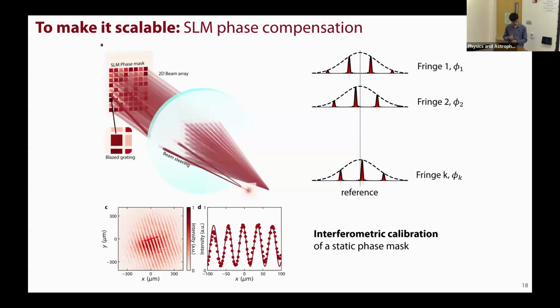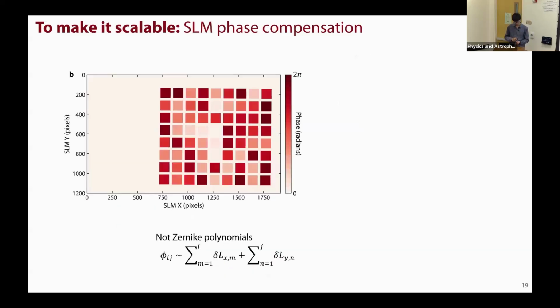Ideally, when a calibrated phase mask is applied to compensate these residual phases, these fringes will overlap and they will interfere constructively to give a peak at the center. So this is experimentally what a calibrated phase mask looks like.